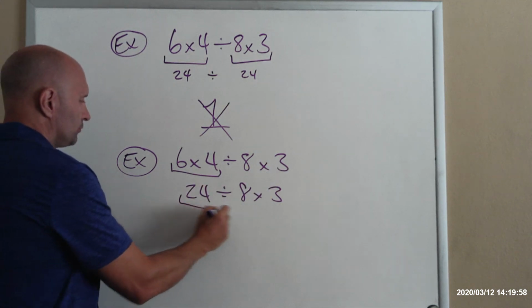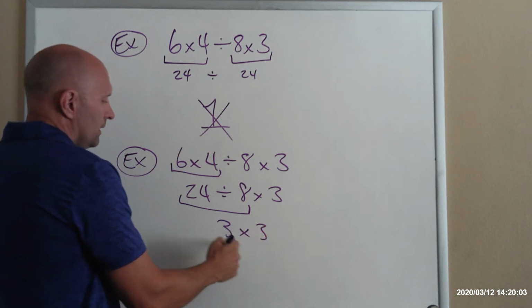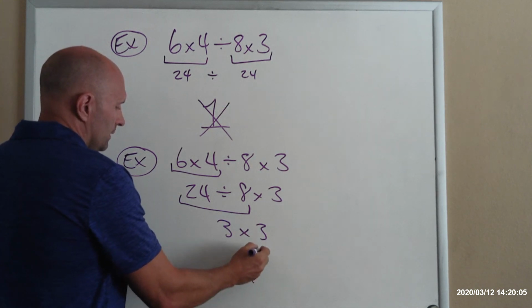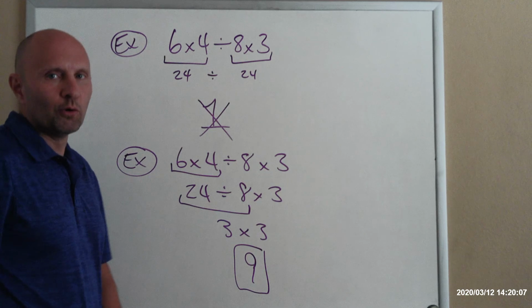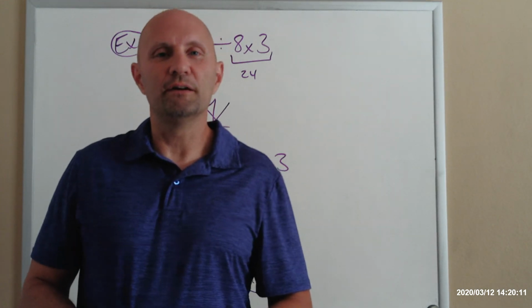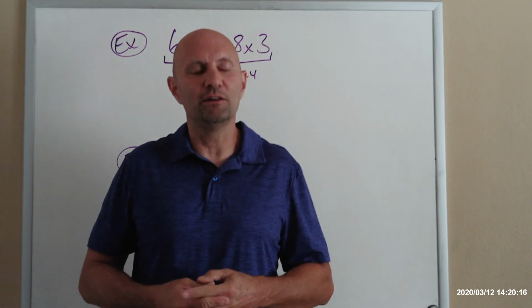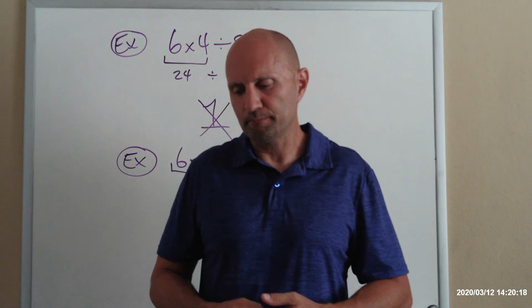Still going left to right. 24 divided by 8 is 3. 3 times 3 is 9. Your answer for that problem, your answer for social media, you can make yourself look like you know what you're doing and are a math genius. The answer should be 9.